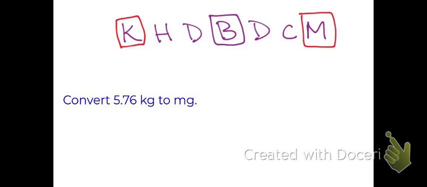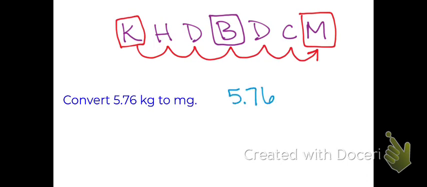So how many boxes are we moving over? 1, 2, 3, 4, 5, 6. So since we're going from big to small, we're multiplying by 10 6 times. Or we're moving that decimal point over to the right 6 times. So 5.76.